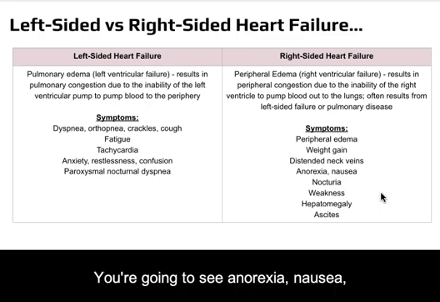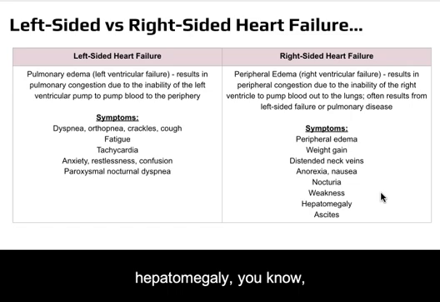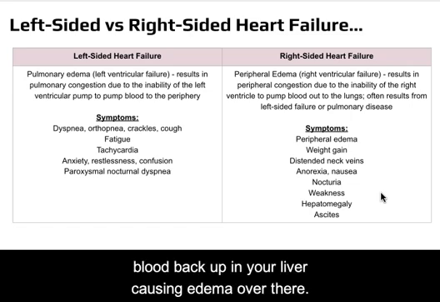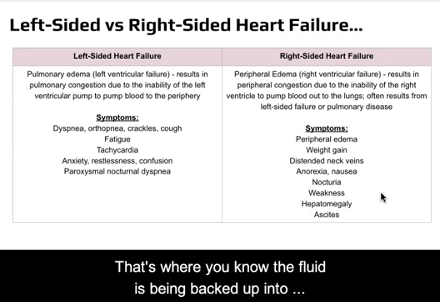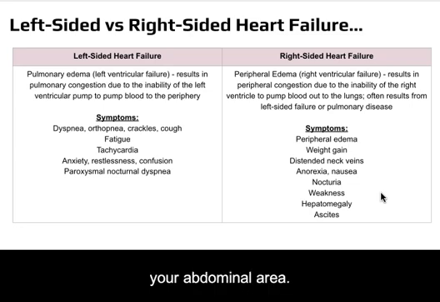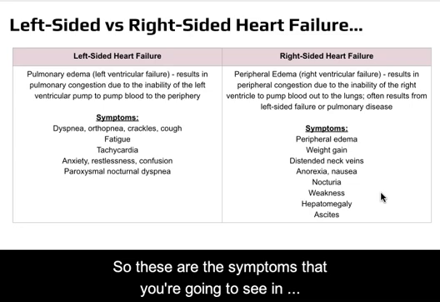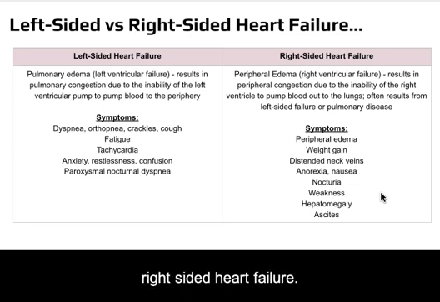You're going to see anorexia, nausea, nocturia, weakness, hepatomegaly, too much blood backed up in your liver, causing edema there. Then you're going to see ascites. That's where the fluid is being backed up into your abdominal area. So these are the symptoms that you're going to see in right-sided heart failure.